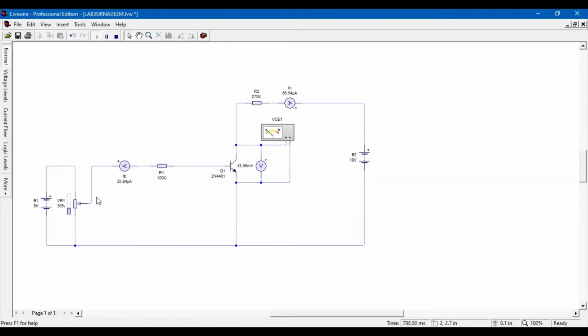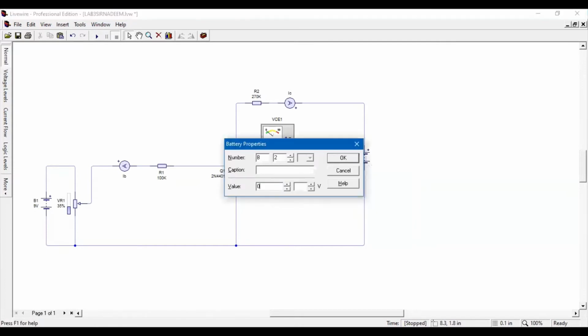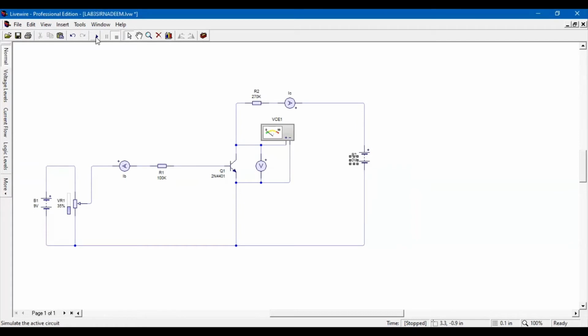Increase, okay, 25, now 19 microampere. Start with 0 volt. Run the circuit. We can see the IC is 0 when the voltmeter is 0.